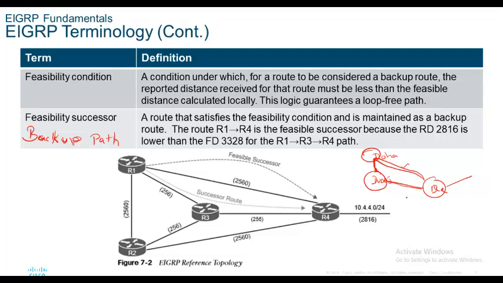Why is this accepted as a backup path? Because it met the feasibility condition. Because this path is meeting the feasibility condition, it has become a feasible successor, feasibility successor.